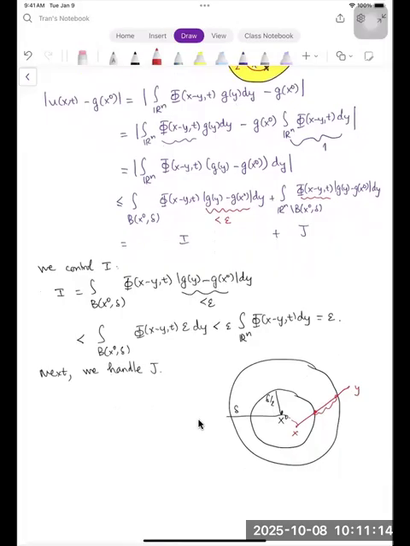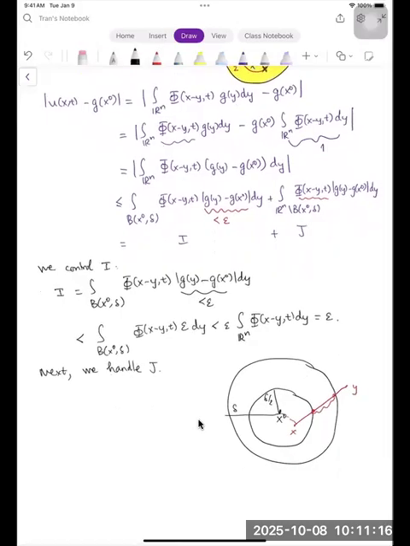Okay, so let me write down. For x in this ball, B of x naught, delta over 2, and y outside, in R^n taking away this ball, what do we have? We have x minus x naught is less than delta over 2, and y minus x naught is greater than delta.